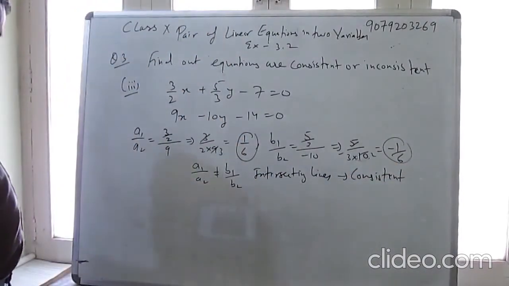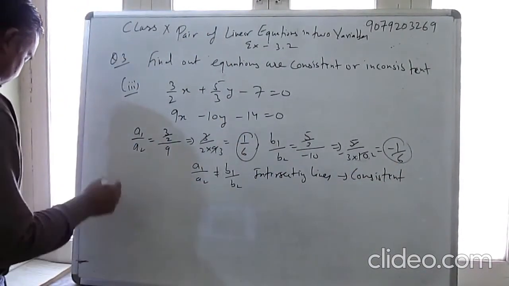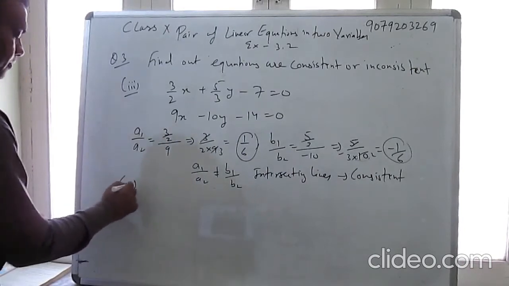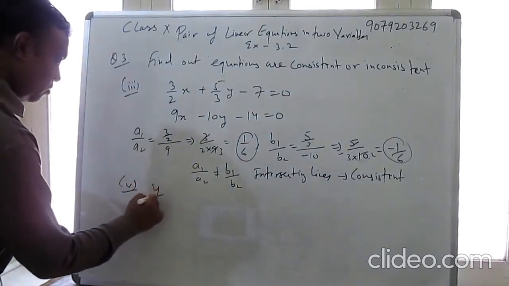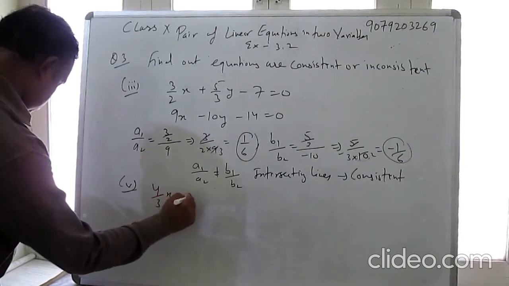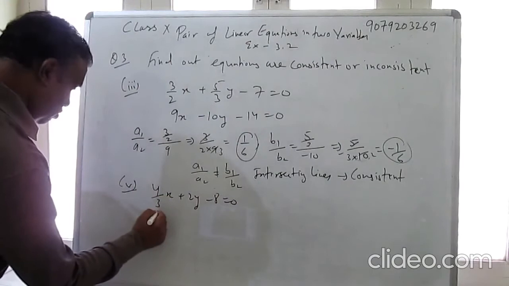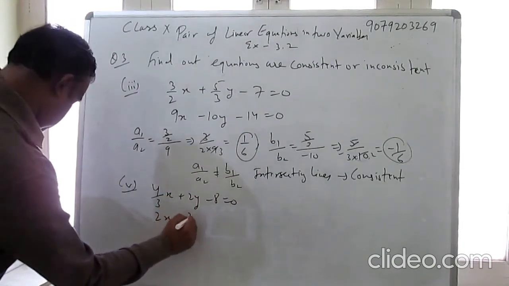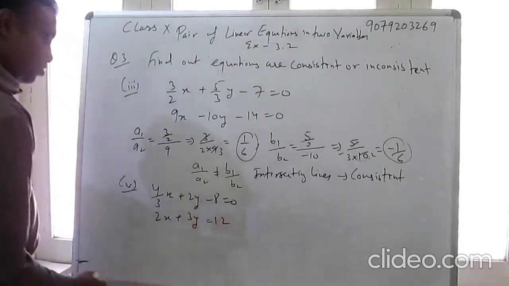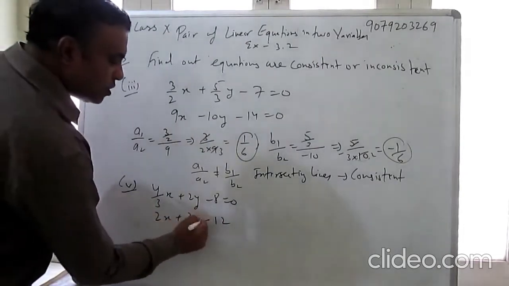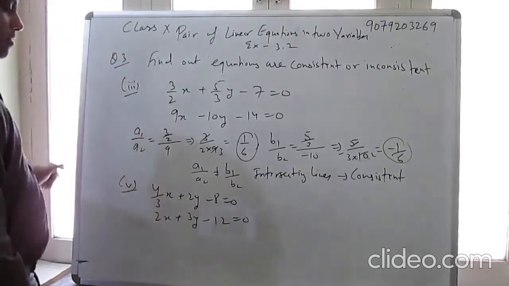Now one more question. Question number 5th part. 4 upon 3x plus 2y minus 8 is equal to 0. 2x plus 3y is equal to 12, means minus 12 is equal to 0. Transpose that side.